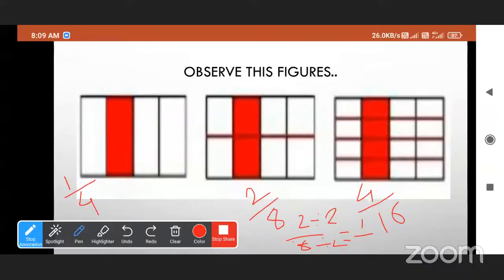It is division, not subtraction. So we will get 1 upon 4.